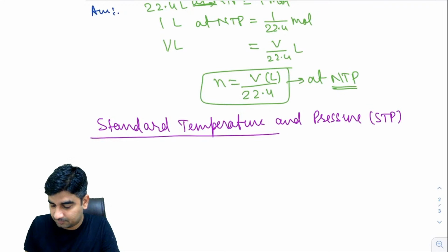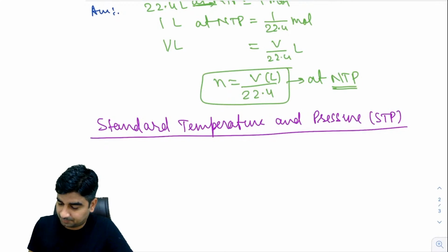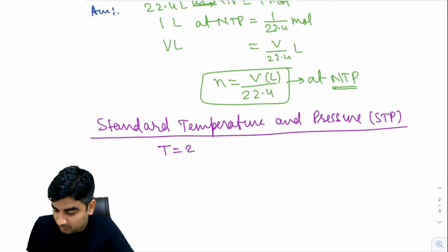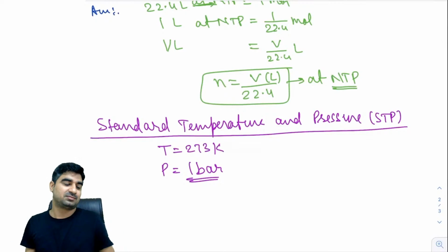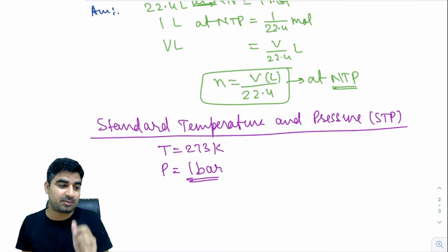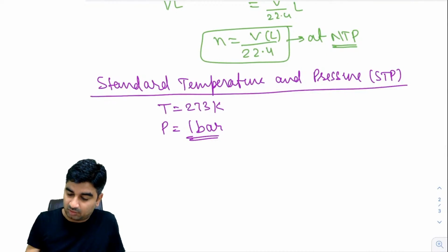So what is that STP? Temperature you have to take 273 Kelvin and pressure you have to take 1 bar. This is the difference. At NTP you have to take pressure 1 atm. So now do a problem on it.